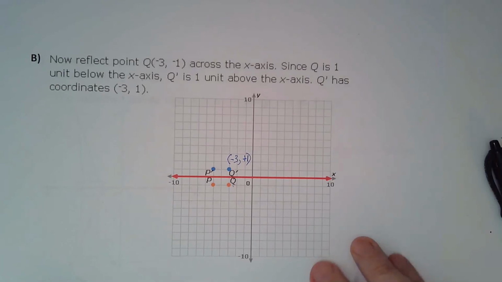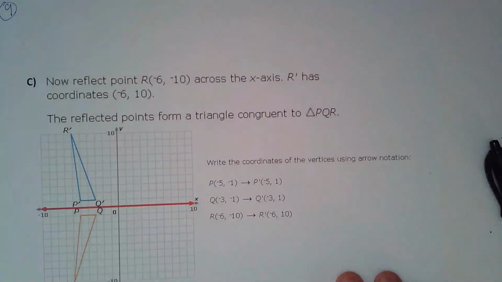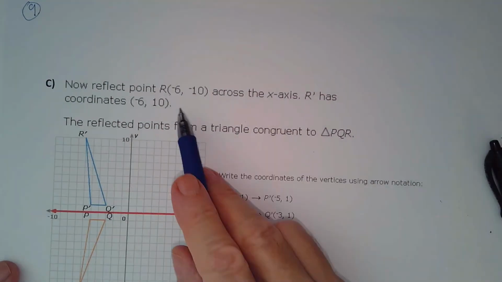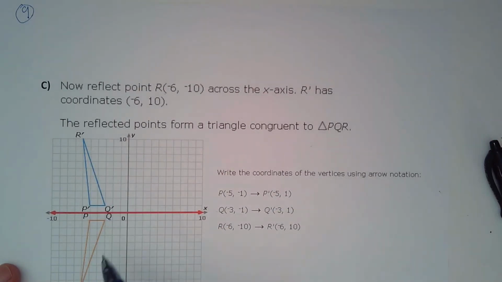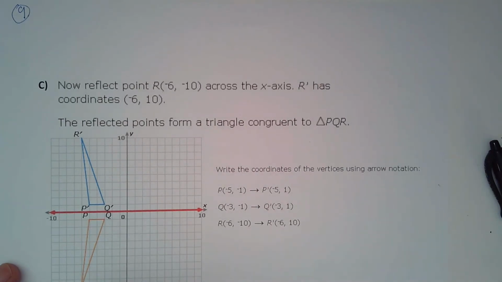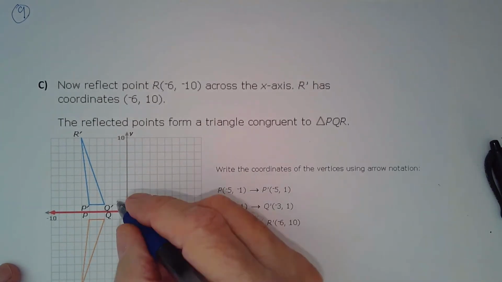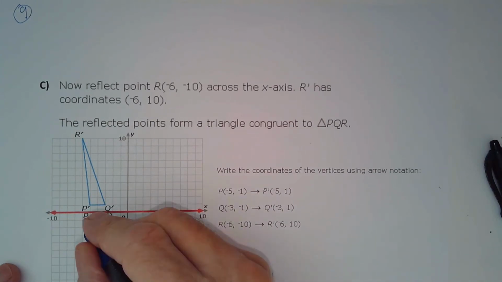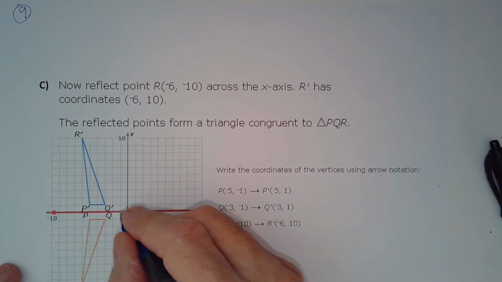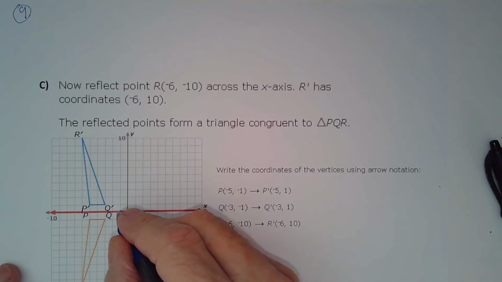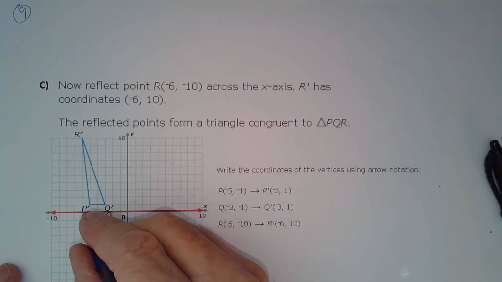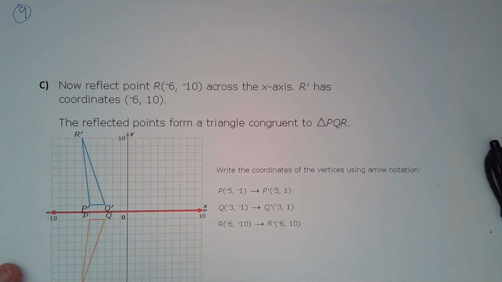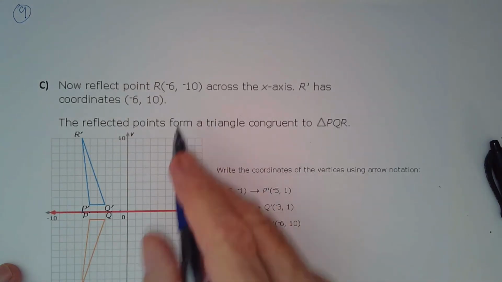So that's easy. So now you're going to do the third one. And as in before, they give you the coordinates for R. So R down here, the original R, its coordinates going down. Here's where x is. So -1, -2, -3, -4, -5, -6. So this is -6. Now I'm purposely counting myself, even though it's up here.